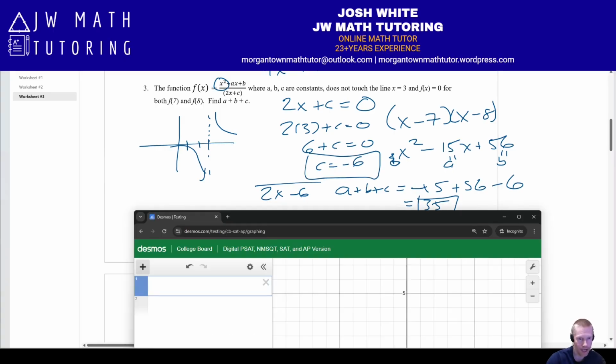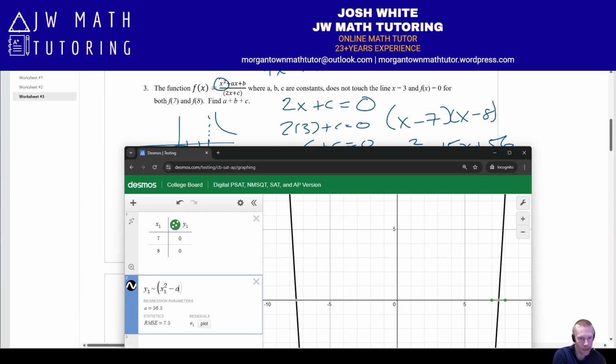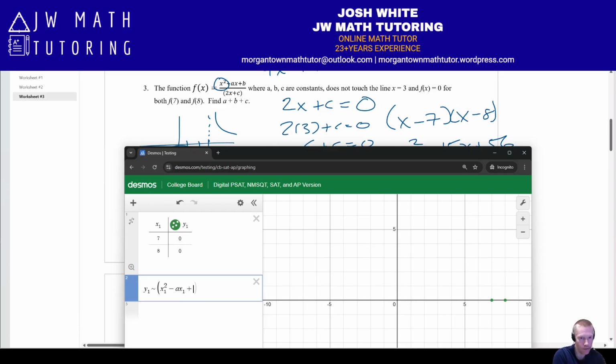So this I think you still have to find manually. But let's say you did that, and then you could just make a table. All right, and then we could put in the function. So we're going to have x1 squared minus a x1 plus b, and then divide that by 2x minus 6.